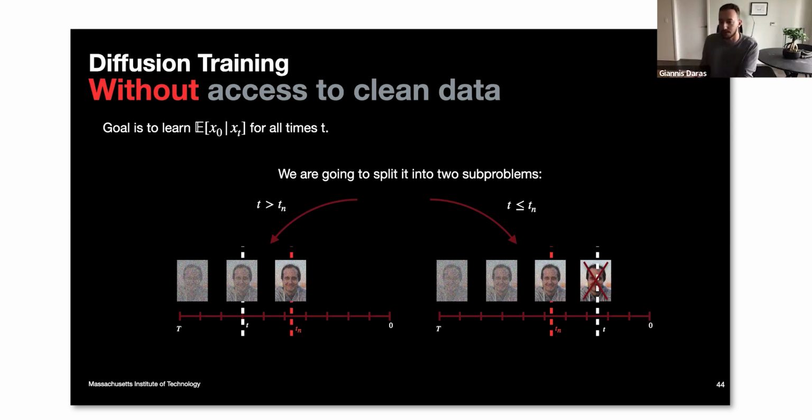You don't even have inputs for which you're trying to find the denoiser. So in one setting, we have inputs, the noisy images, but we don't have the target, the clean image. That's on the left. On the right, we don't even have inputs. And of course, we don't have the target. But it's still going to be feasible to do this. That's kind of surprising, I think, and it's going to be the basis of the techniques that we're going to develop.